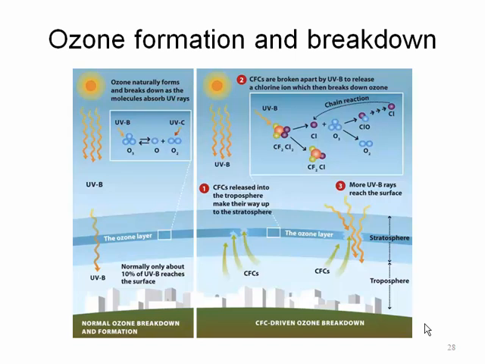The first step is that the CFCs are released into the troposphere by human activities, and they make their way up through atmospheric mixing and transition into the ozone layer of the stratosphere. Global winds circulate in the stratosphere, and a lot of this tends to concentrate these chemicals in the vicinity of the South Pole over Antarctica.